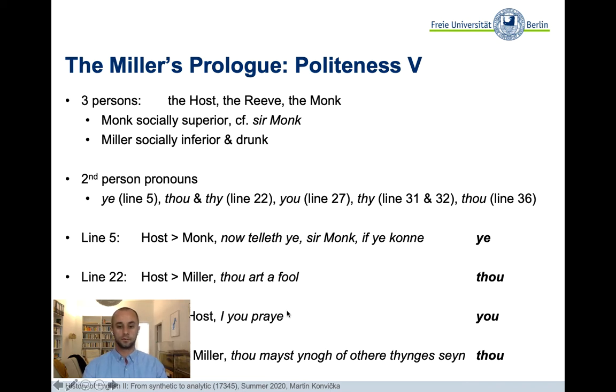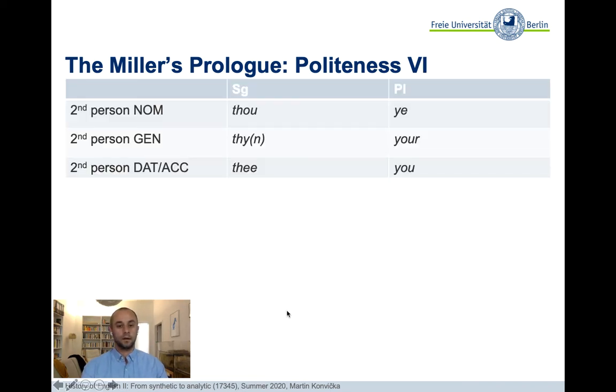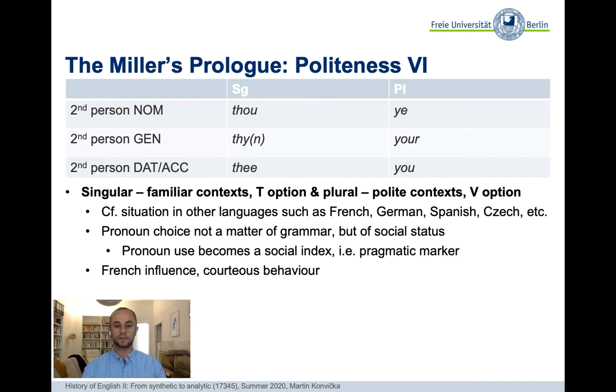So what you actually see in terms of pronouns in the development of the English language is this system in Middle English where you have thou for the singular and ye for the plural. And what actually happens is that ye starts to become the polite pronoun, right?